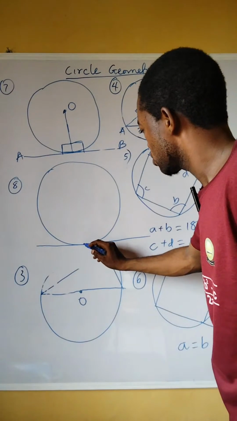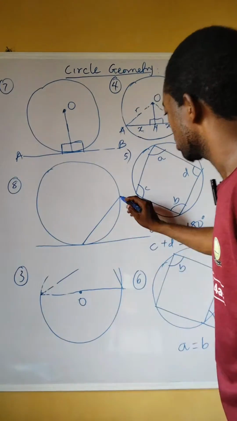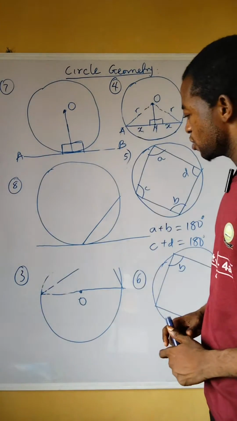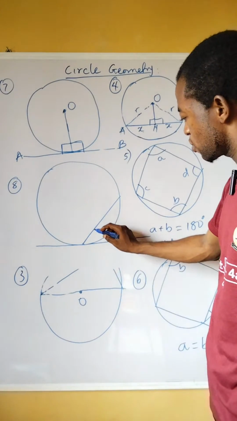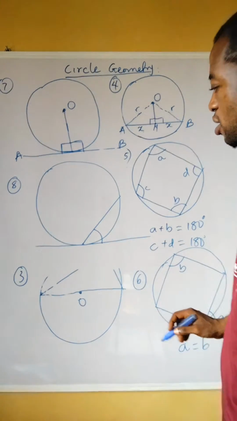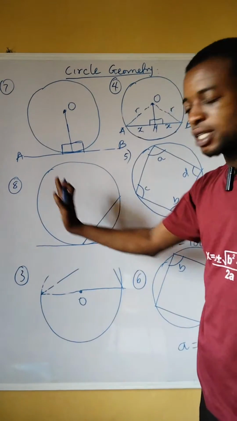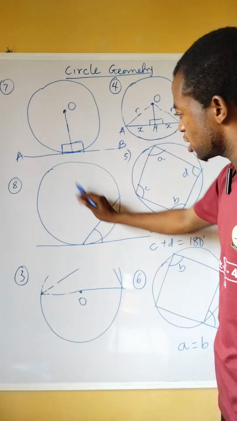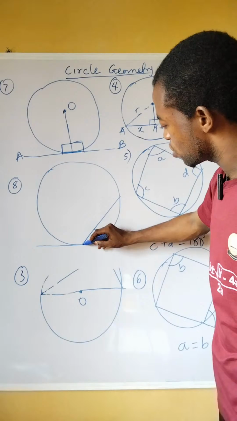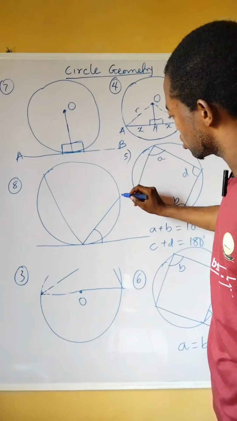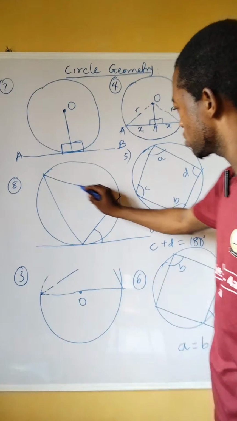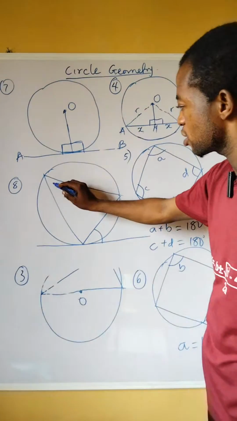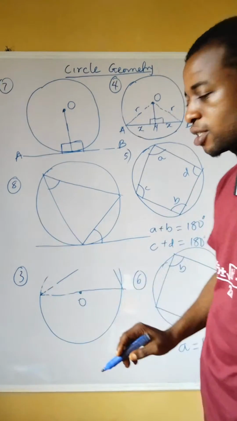And from that point of contact here, there is a chord. And the theorem says that the angle between this tangent and this chord is equal to the angle in the alternate segment. That means an angle is formed here by connecting two chords with this chord, forming an angle on this side.